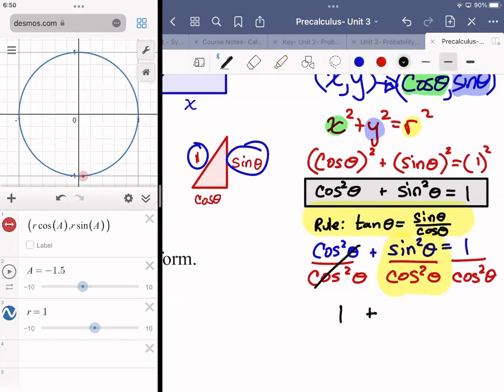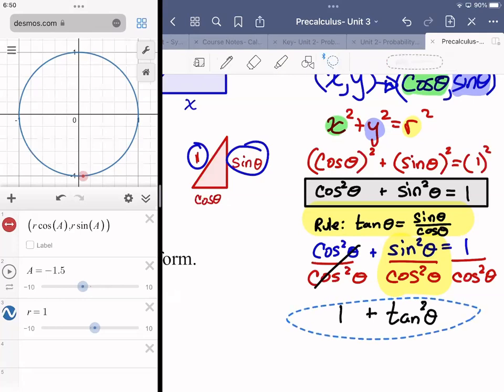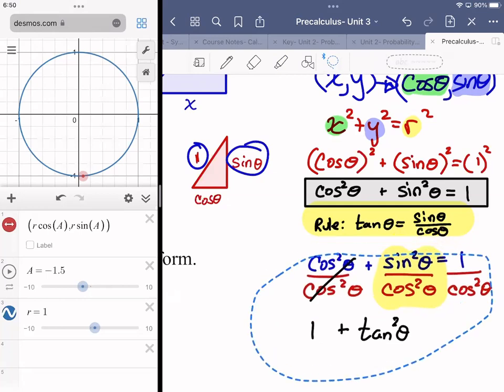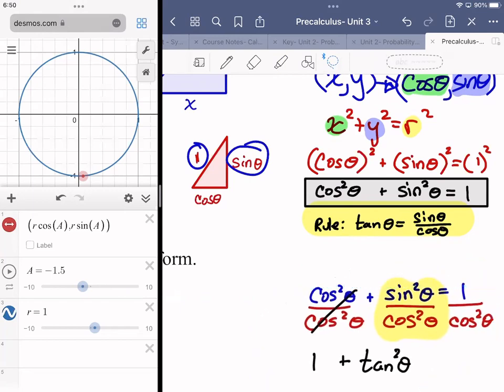I mean, they're squared. All that's going to do is give us a tangent squared. All right, and then 1 over cosine. Actually, I can just kind of shove this down a little bit. So this is another rule. I'll say rules.